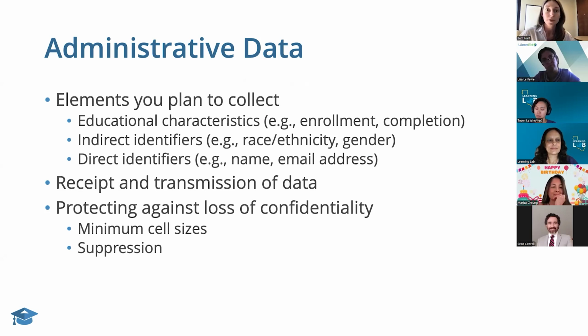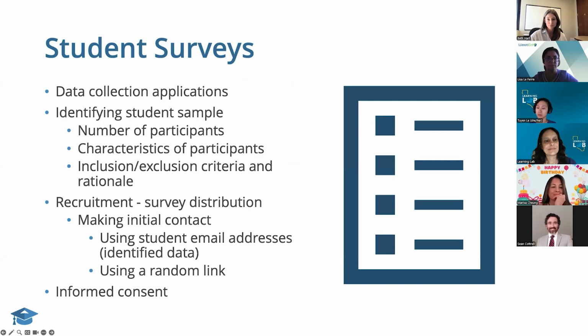And the reason for this is sometimes with those indirect identifiers, for example, if you have a lot of different cross tabulations, you're looking at gender, race, in a specific course for students who maybe got a C or worse, then it can become very easy to identify individuals. So these are some common practices that we use to ensure data protection when it comes to administrative data.